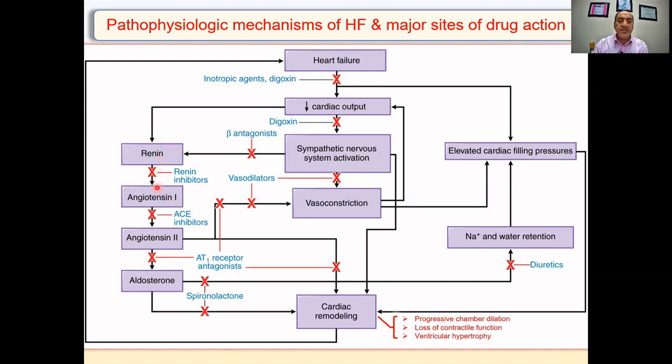Through ACE, angiotensin 1 is converted into angiotensin 2, which will facilitate the release of aldosterone. Angiotensin 2 itself is a severe vasoconstrictor. It also facilitates aldosterone release, as well as induction of cardiac remodeling, which includes progressive chamber dilation, loss of contractile function, and ventricular hypertrophy.